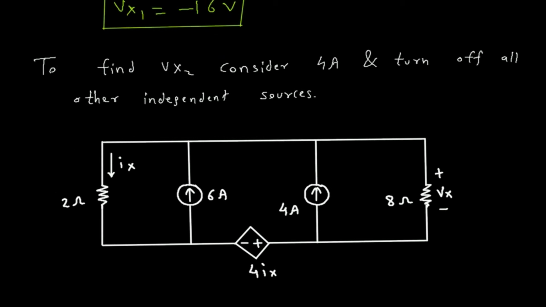We will turn off this 6 ampere. Now when we turn off the current source, this will be an open circuit. We are finding Vx2, so this will be Vx2.